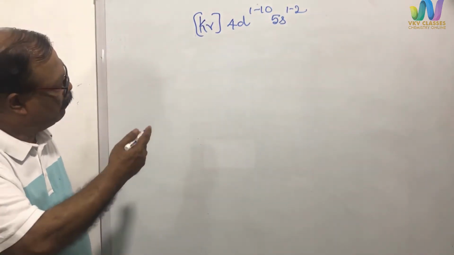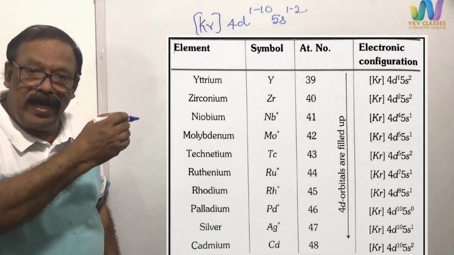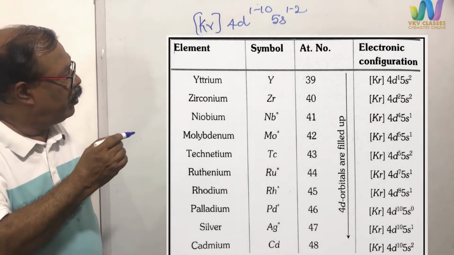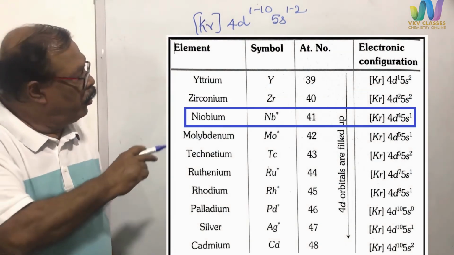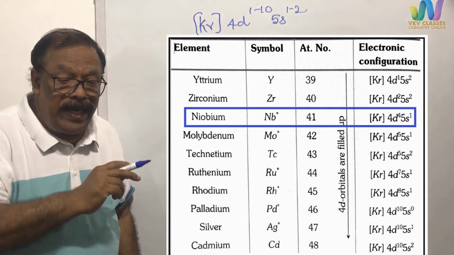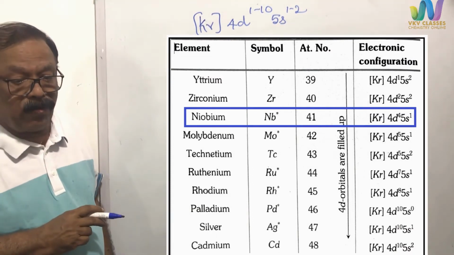You can see the table giving the electronic configuration of the different elements in the series. Here the configuration to be noted specially is that of niobium. Niobium should have a configuration 4d3 5s2, but instead niobium has a configuration 4d4 5s1.